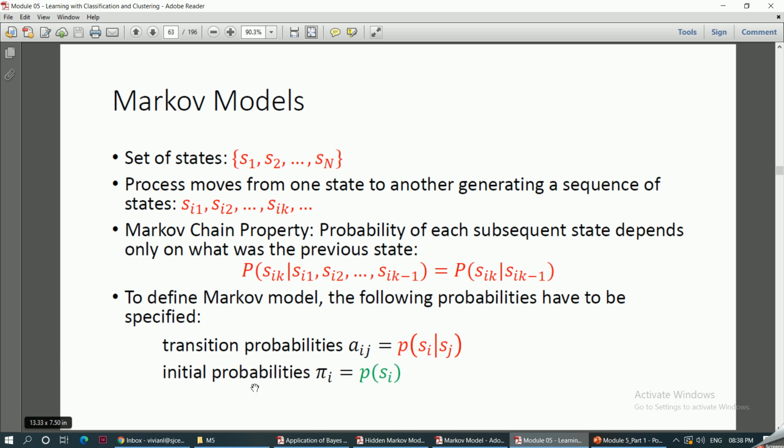To define a Markov model, the following probabilities have to be specified. The transition probability is denoted by Aij, which is the current state given the previous state Sj, and the initial probability is denoted by pi i.